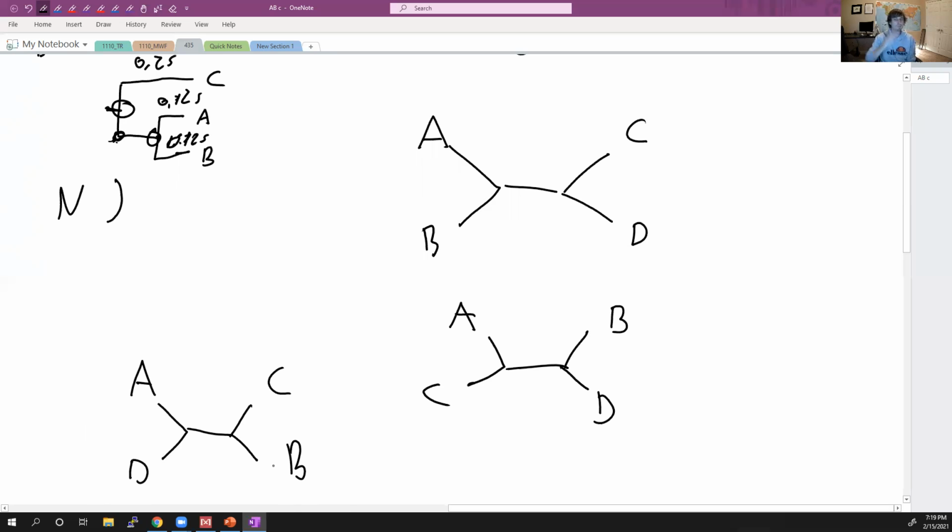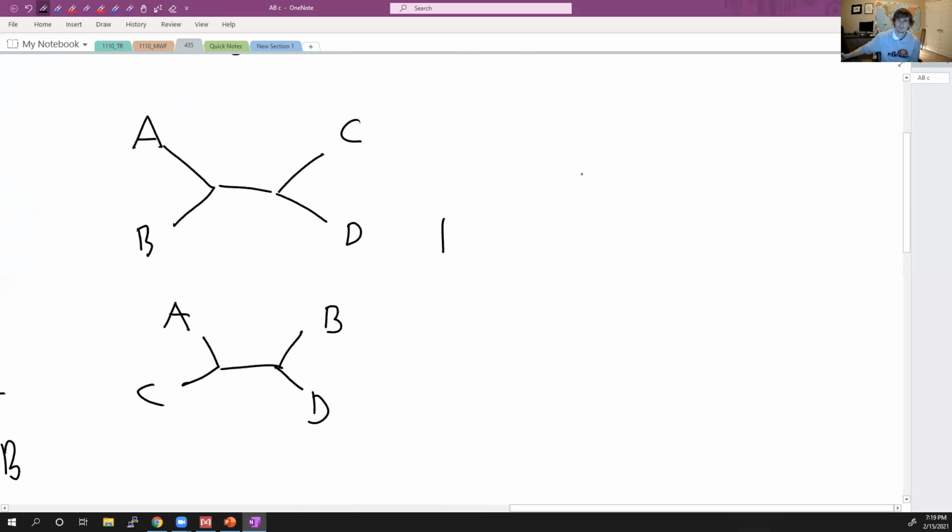Right, so these are the three possible unrooted trees that we can make, ignoring the data, that's just the possibility of trees. And so for four samples and unrooted trees, this is our tree space, the total number of possible trees that can be made.